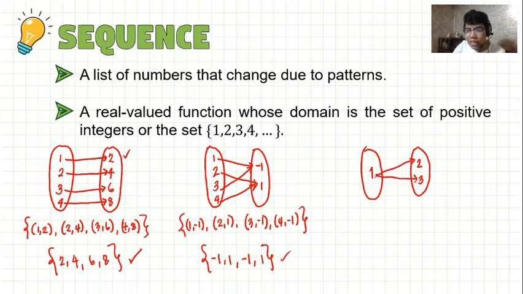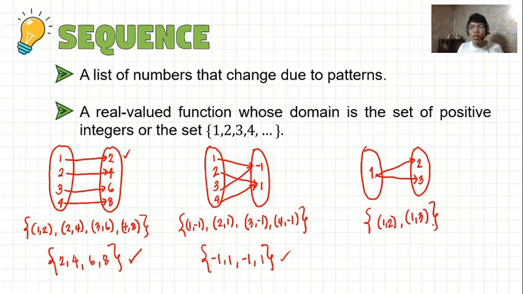Indeed, that is an example of a one-to-many mapping. If we write that in ordered pairs, we have (1, 2) and (1, 3). This means that if we write it in sequence form, the first term is 2, and the first term is also 3. We have two first terms.